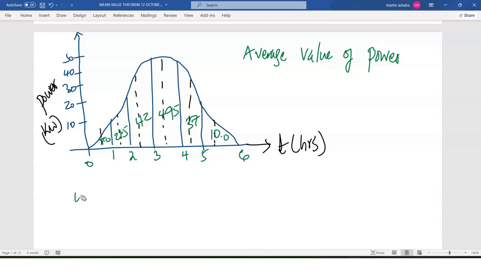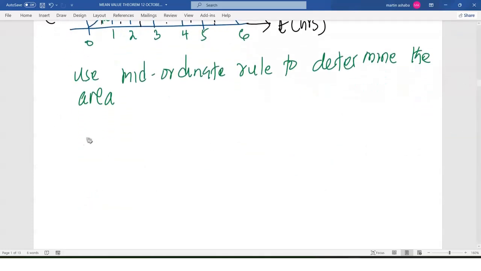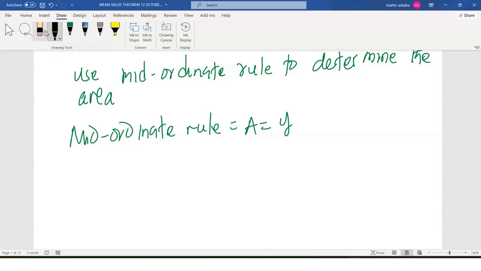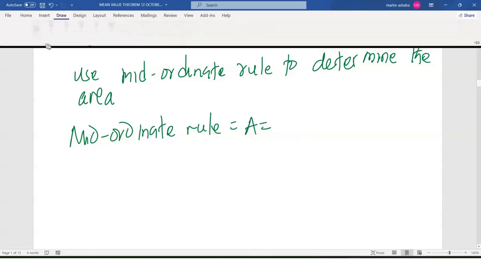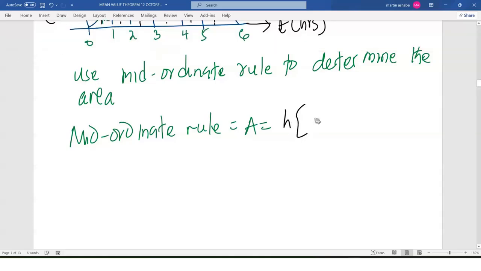So we are supposed to use the mid-ordinate rule to determine the area. You remember that according to the mid-ordinate rule, the area is going to be h, if we take h as the width of one sub-interval, into y1 plus y2 plus y3 up to yn.